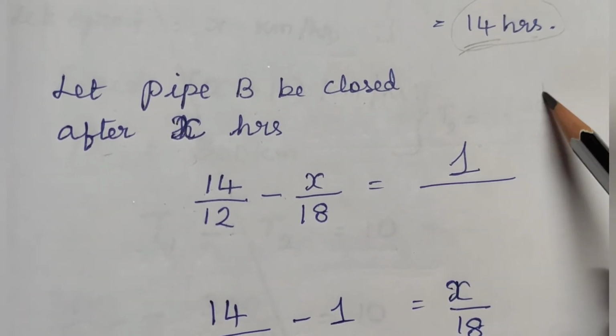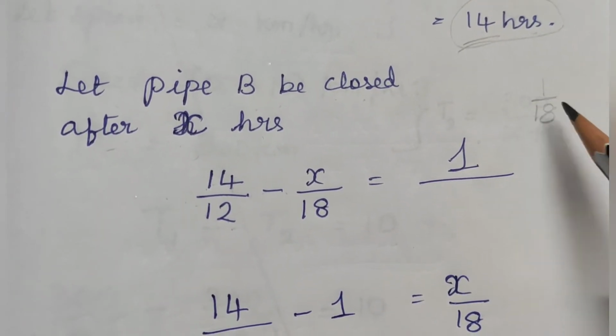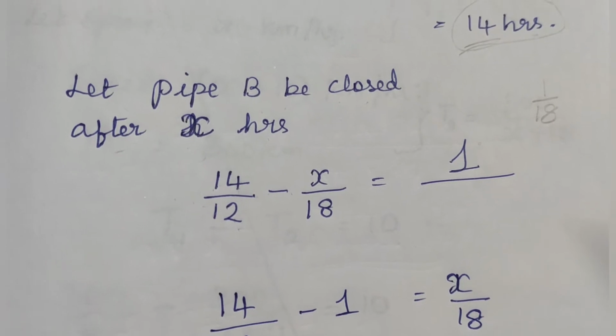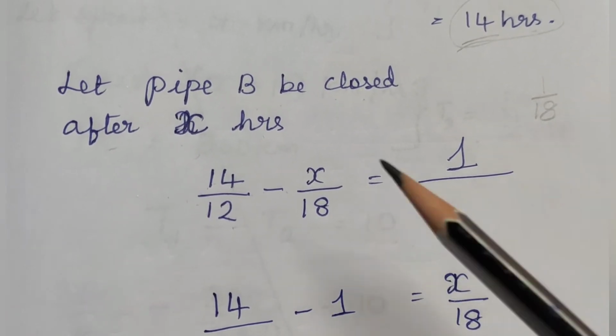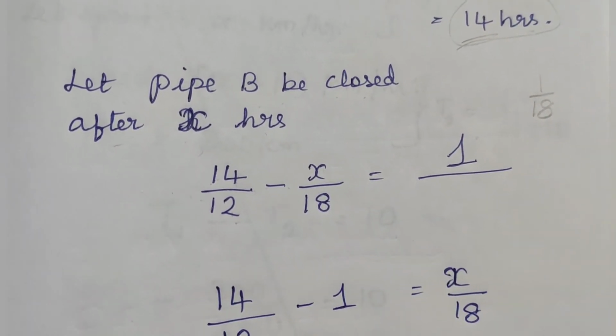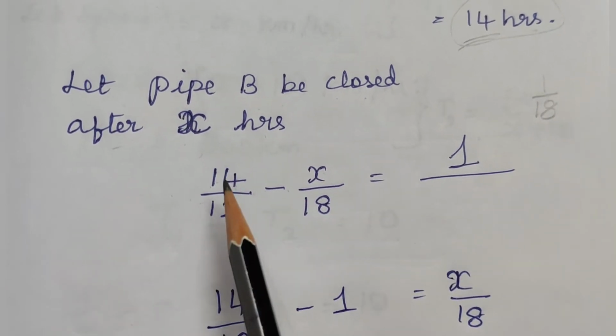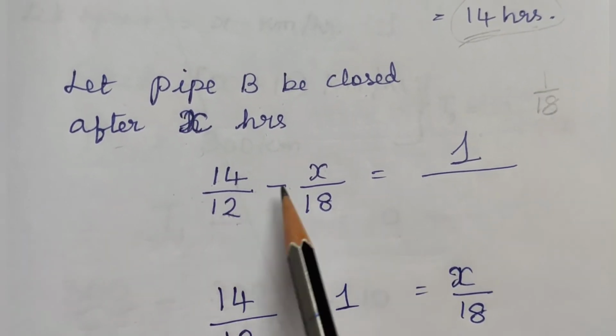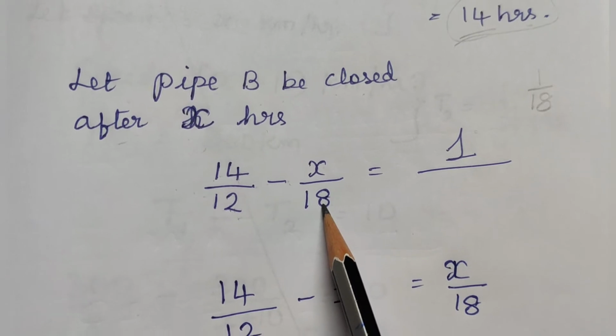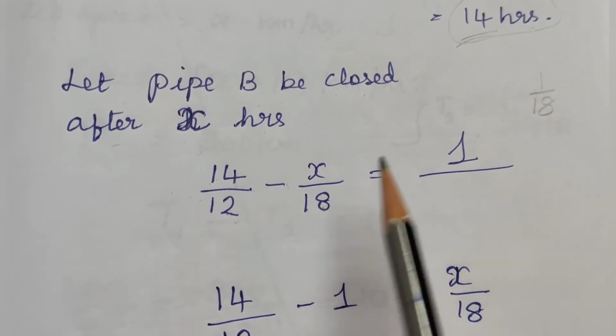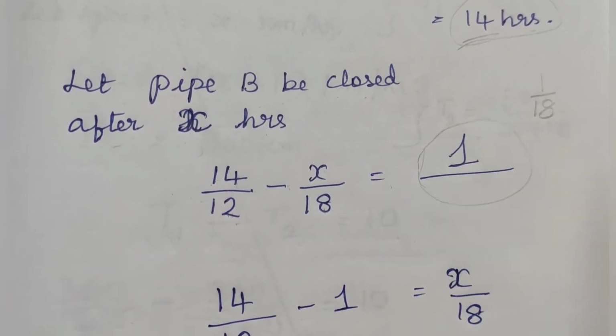In 1 hour, pipe B empties 1 by 18 part of the tank. So in X hours, it empties X by 18 part. So I am subtracting: 14 by 12 minus X by 18. So I get 1 part of the tank filled.